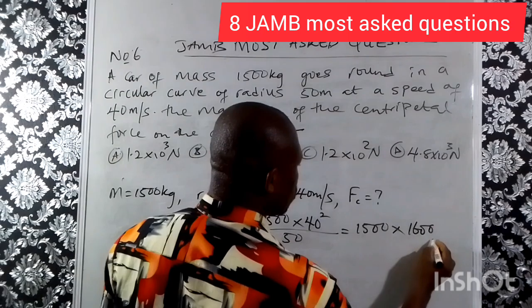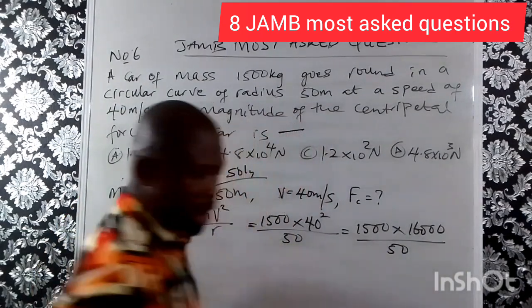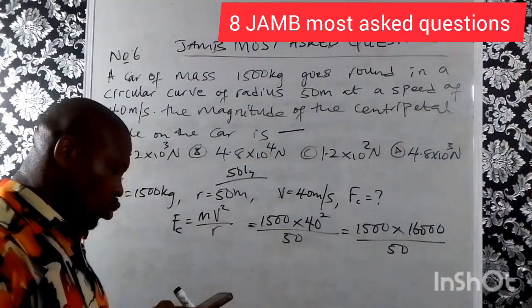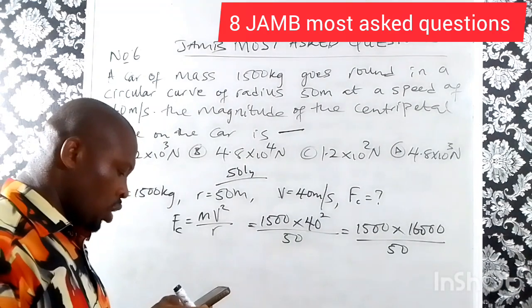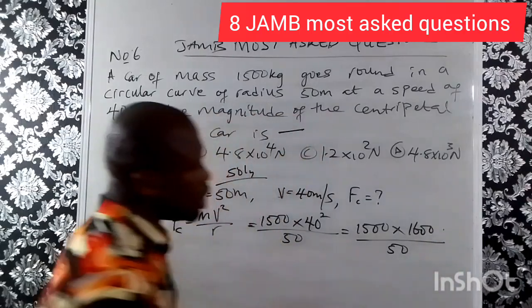40 squared is, sorry, it is 1,600, please, not 16,000.